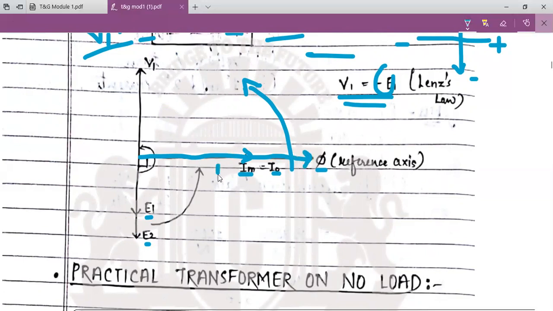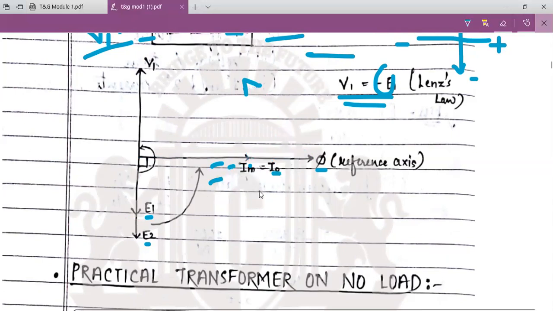So I1 equals Im equals I naught. Im is responsible to produce flux, so I can call this I1 the magnetizing current, or else you can also call this the no load current. These currents are responsible to produce flux, so Im is in phase with the flux phi.